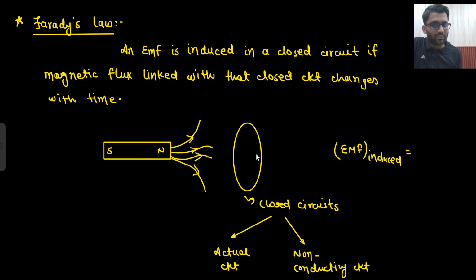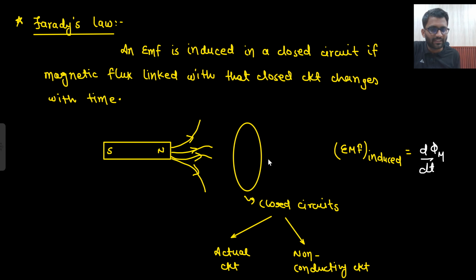And from a closed circuit, if the magnetic field is changing, it will generate an EMF, and that EMF is equal to the changing magnetic flux with respect to time. This is what Faraday said. Through a closed circuit, if the magnetic flux is changing, then it will induce an EMF. What do you mean by EMF? For now you will consider it as a voltage only.